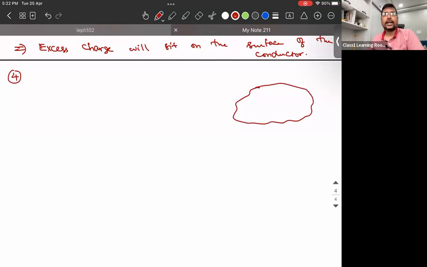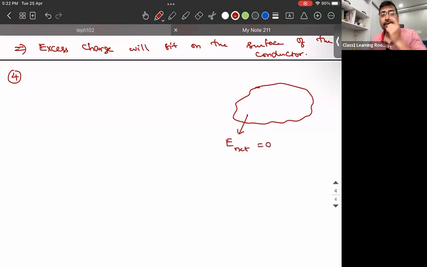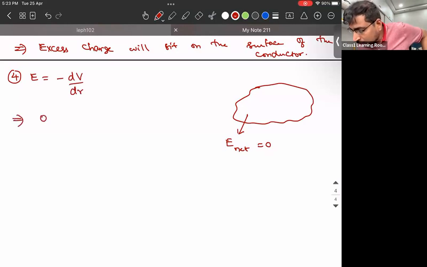If I take the conductor, then according to the first point, the net electric field inside a conductor is 0. So we know the relation that E is equal to minus dV divided by dr. When the electric field is 0, I can write it as minus dV divided by dr equal to 0.